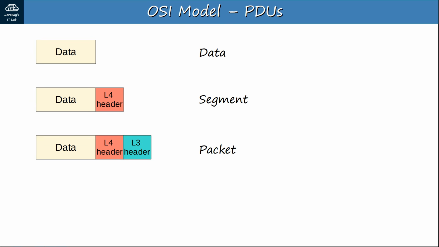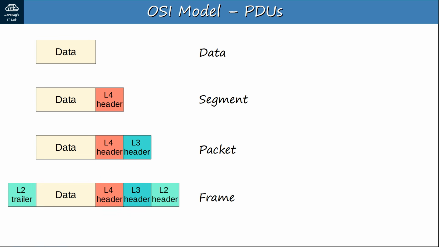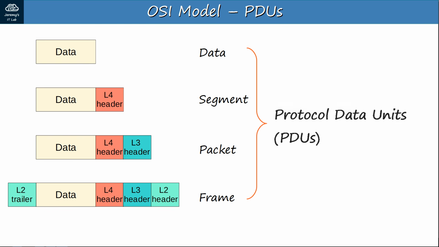The segment is encapsulated with a layer 3 header, usually using the Internet Protocol, IP. This combination of data, layer 4 header, and layer 3 header is called a packet. Then the layer 2 header and trailer are added, and this is called a frame. These units are called protocol data units, or PDUs. For example, the layer 3 PDU is a packet, and the layer 2 PDU is a frame.